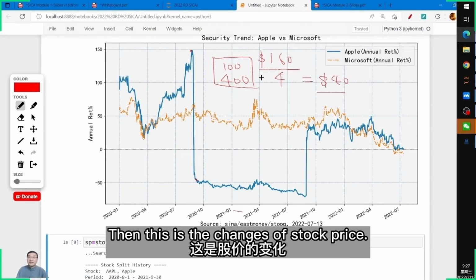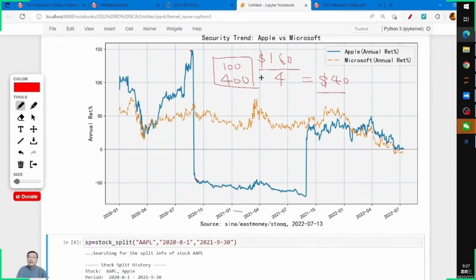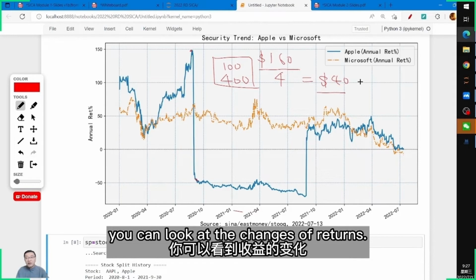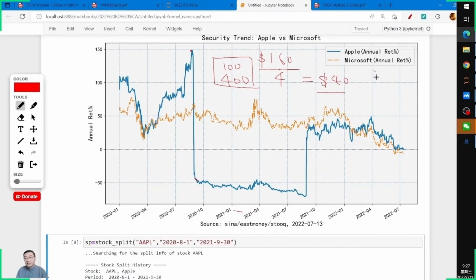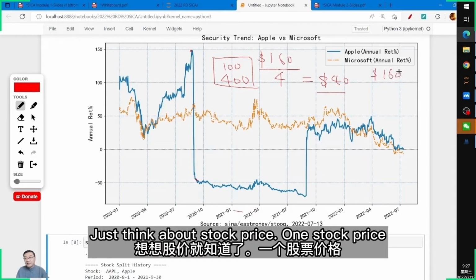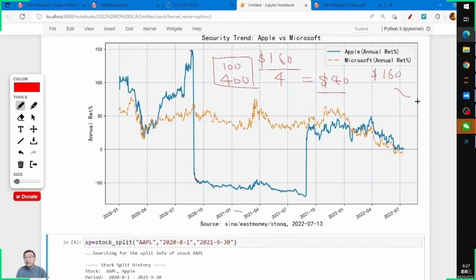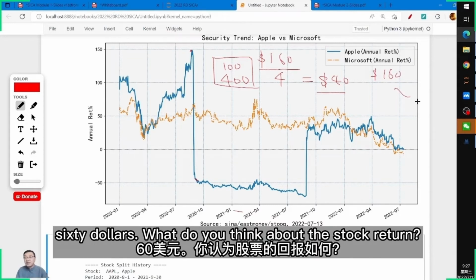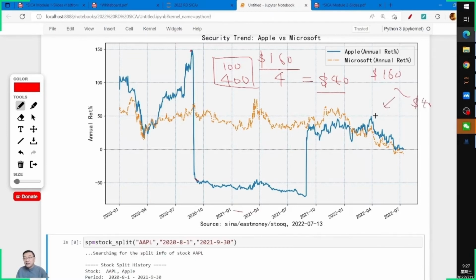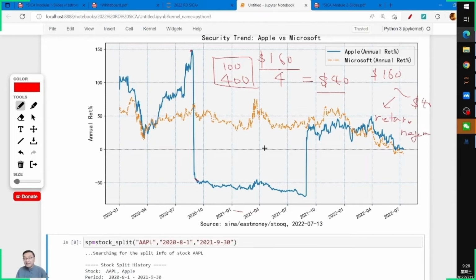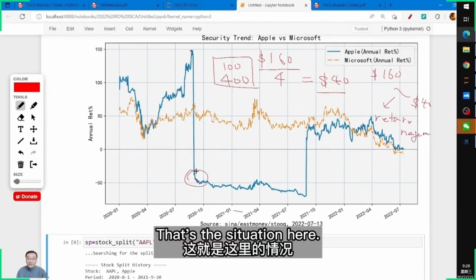Then this is the change of stock price. Based on the changes of stock price, you can look at the changes of returns. Just think about stock price. One stock price changes from $160 to $40. What do you think about the stock return? Down dramatically and negative. That's the situation here.